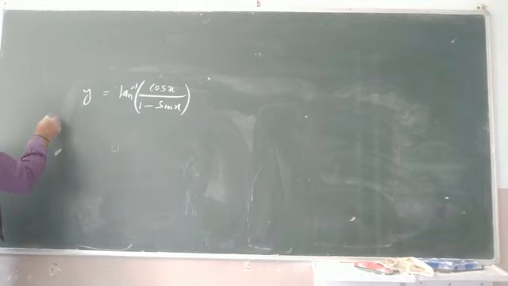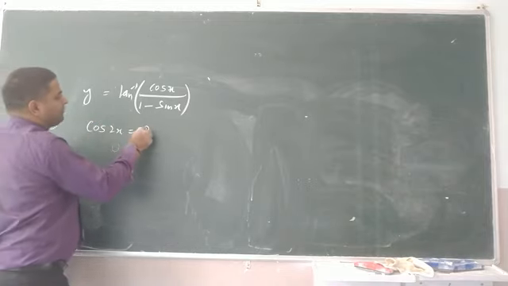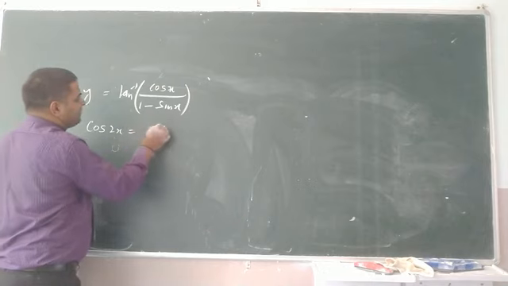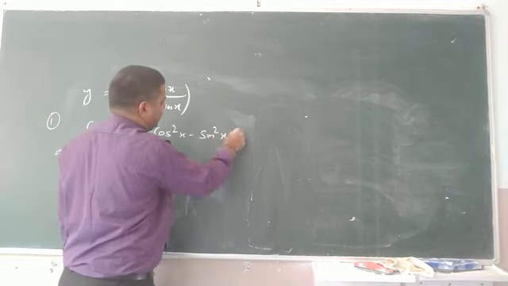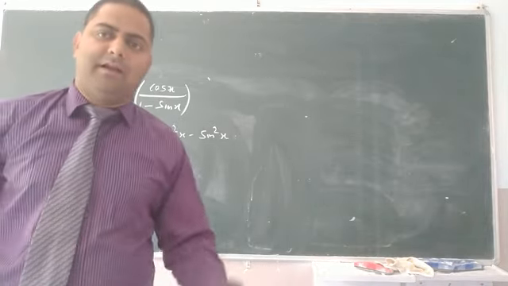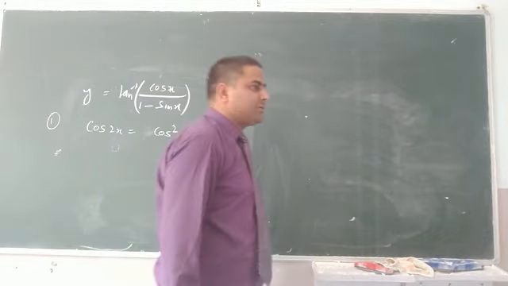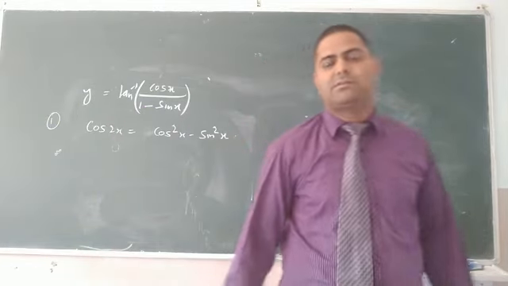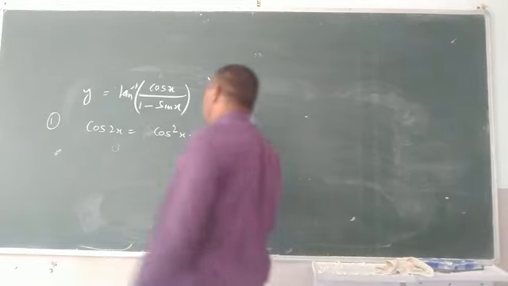We know cos 2x is cos square x minus sin square x. That is the first way. Now, we use this method. Otherwise, we can even use another method.